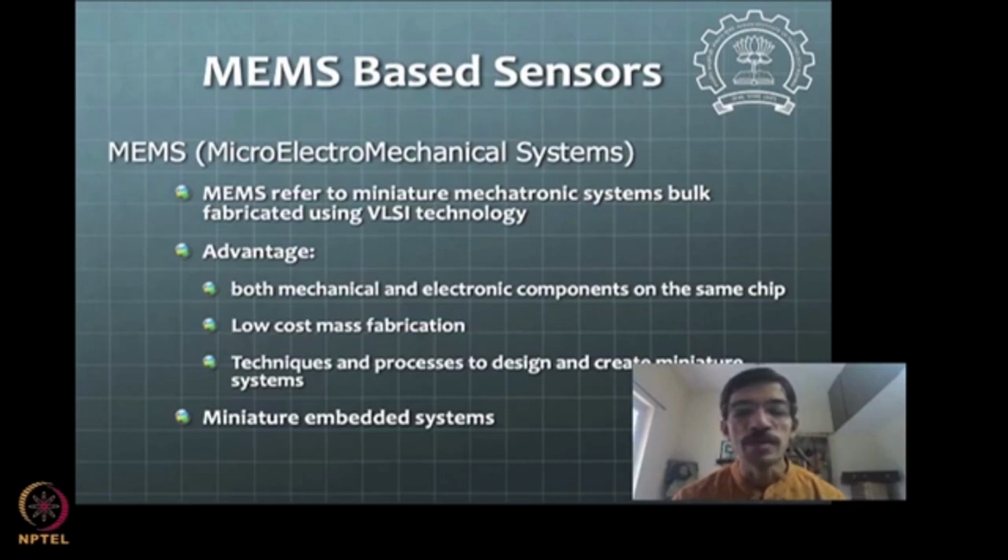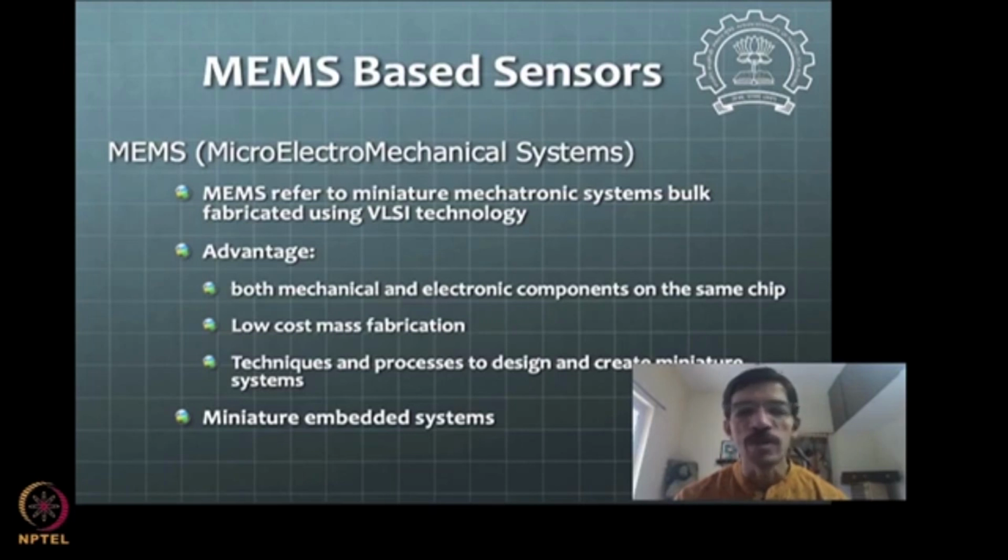Now if your computer chip has mechanical components, it refers to this MEMS technology of bulk fabrication of many sensors at a time on the surface of a wafer. Because you can fabricate maybe thousands of sensors in one process, its manufacturing is very easy. Manufacturing cost is very low.